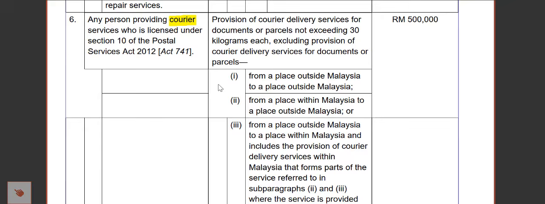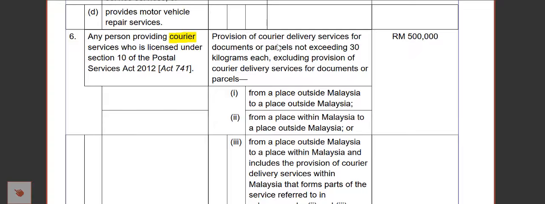Now the only thing that they will not impose service tax is when your parcel or your documents that you want to deliver. Now they say they only charge document or parcel not exceeding 30 kilo. So meaning if your document or your parcel exceeded 30 kilo, then they will not impose service tax.